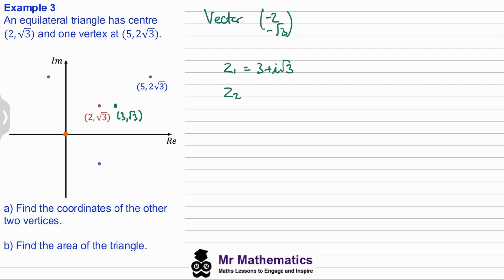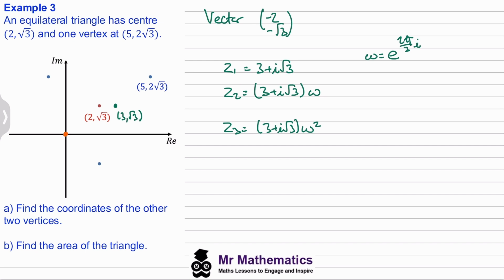Z2 will be Z1 multiplied by omega, and Z3 will be Z1 multiplied by omega squared. And omega will be e to the 2 pi over 3 i.